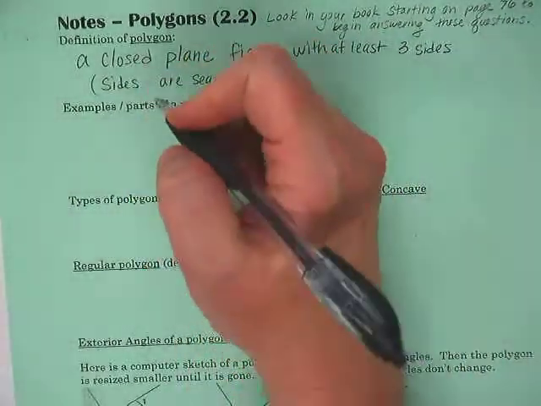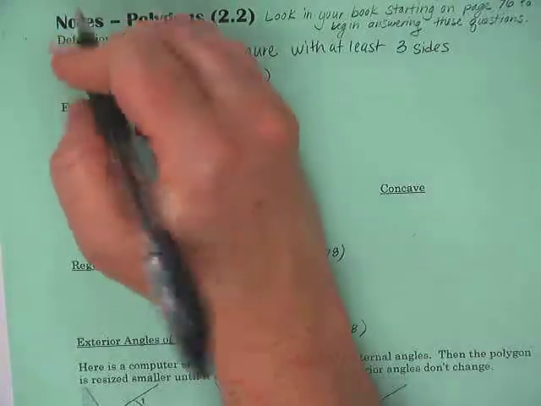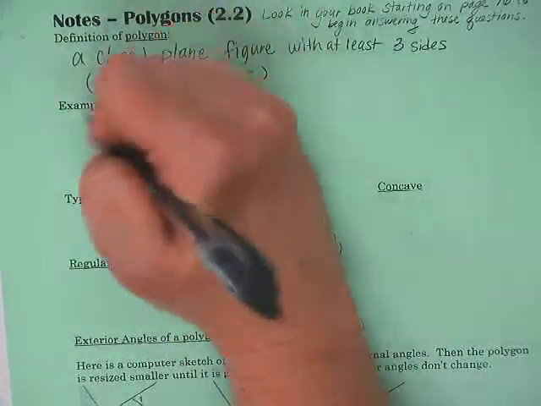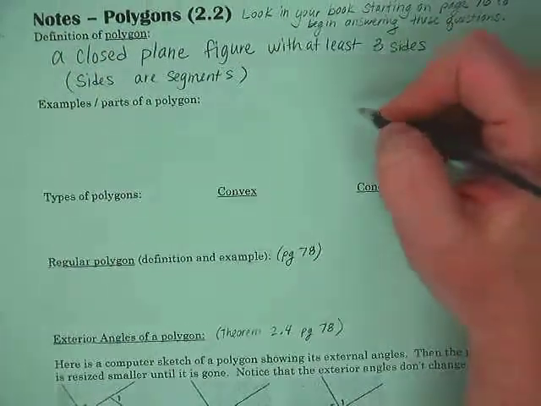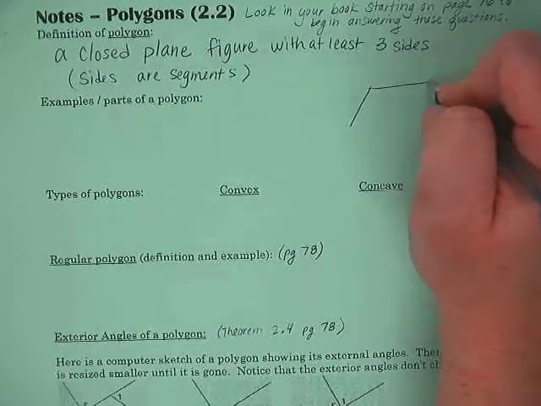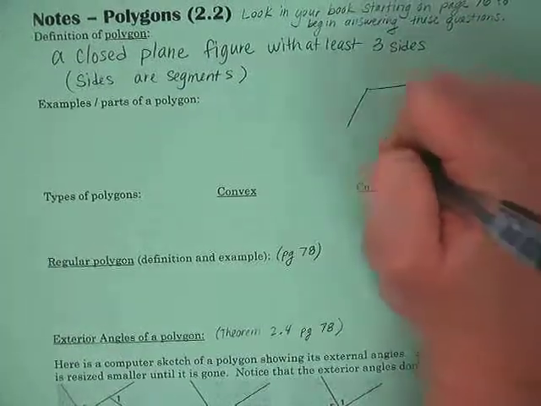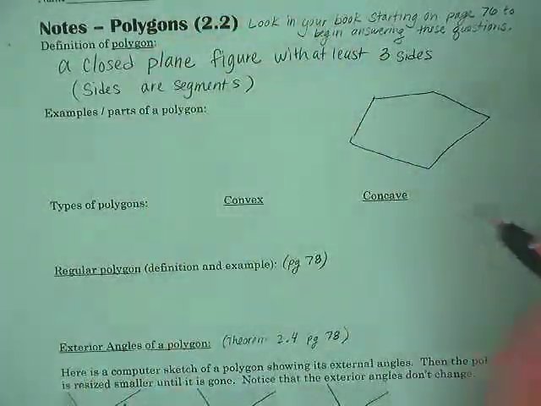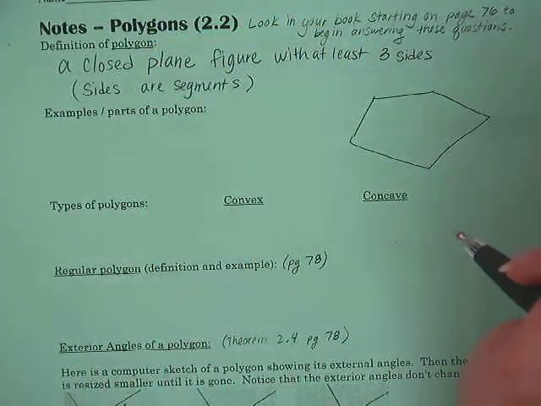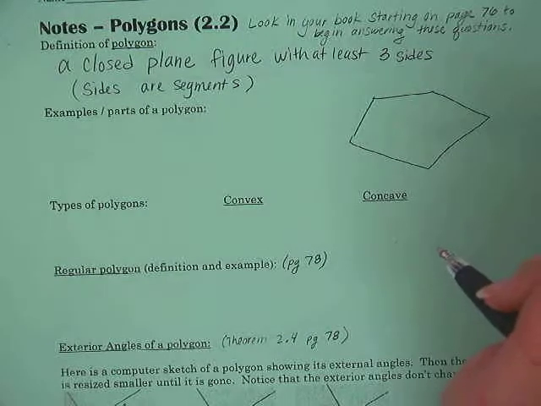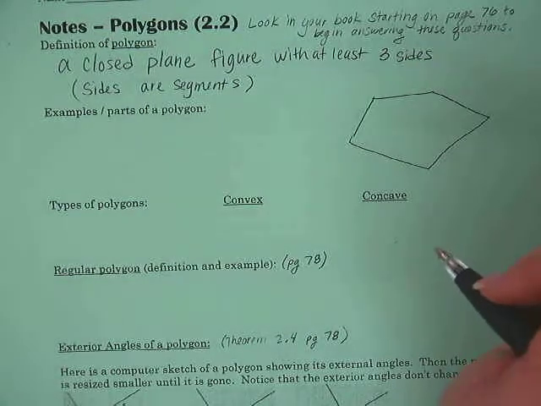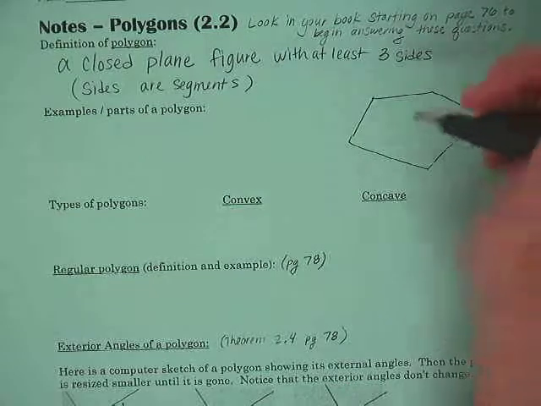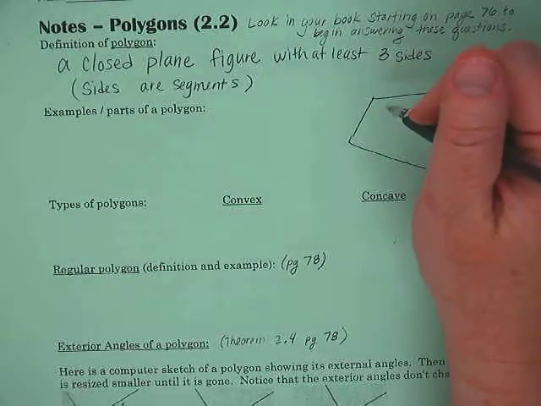All right. A polygon can be named. Let's draw an example of a polygon here. I'm just going to draw any old polygon and we're going to name it and learn some things about it. A polygon is named by capital letters that are assigned to the vertices or to the points on the corners.